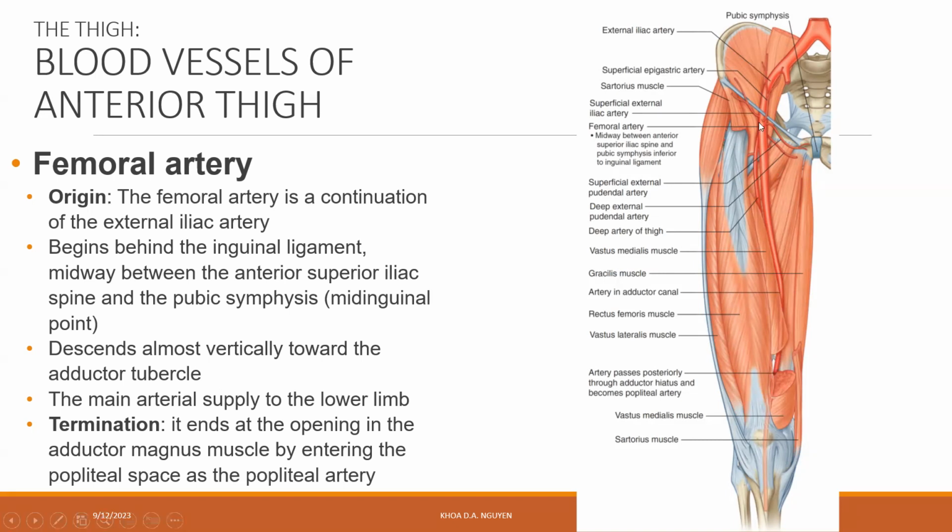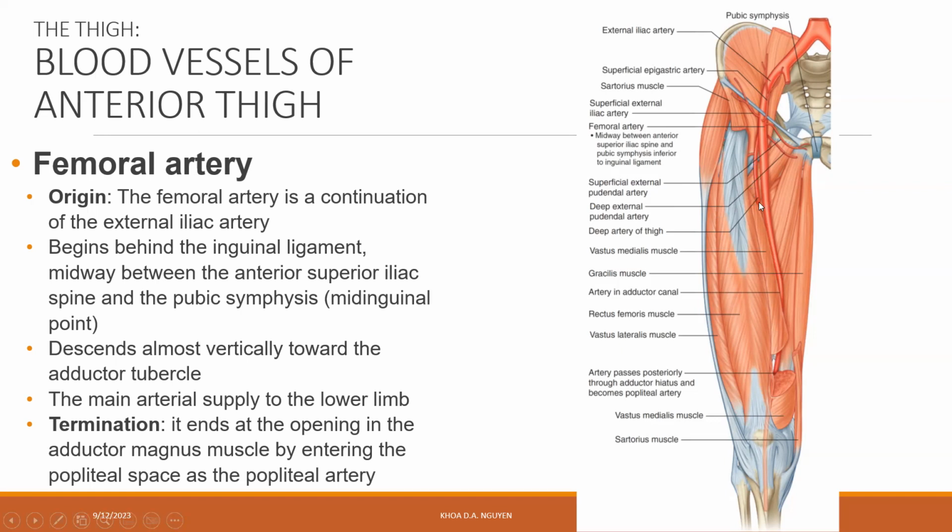Now as it goes through here, just like I said before, it gives off this branch here. This branch is a major branch of the femoral artery. This is called the deep femoral artery, or the deep artery of the thigh, or there's another name which is the profunda femoris artery. So all those three names mean the same thing. It is the deep artery of the thigh, the deep femoral artery.